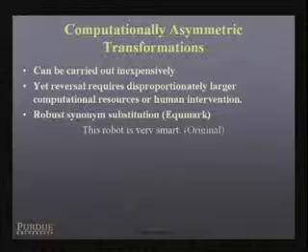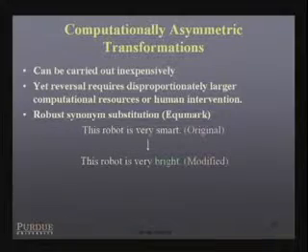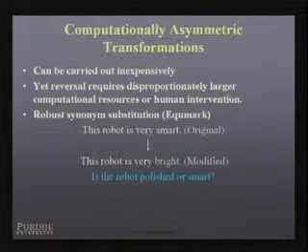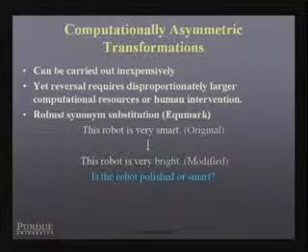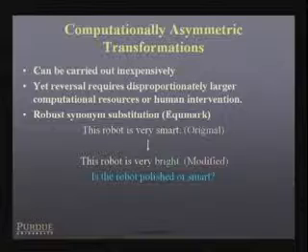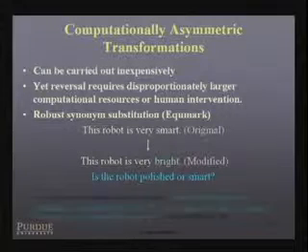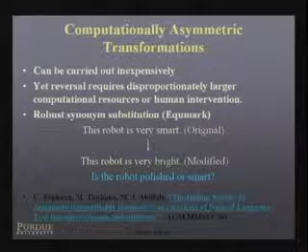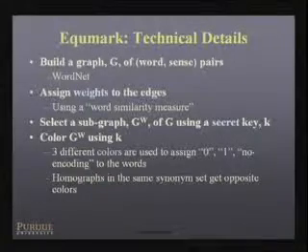For example, given the sentence the robot is very smart, the meaning is very clear, but if I change it to the robot is very bright, the attacker is confused. Is the robot polished or smart? Because in its database, it thinks that they are both synonyms of the word bright. Again, this appeared in a paper at ACM Multimedia Security.